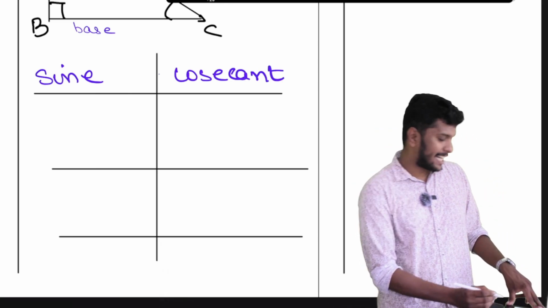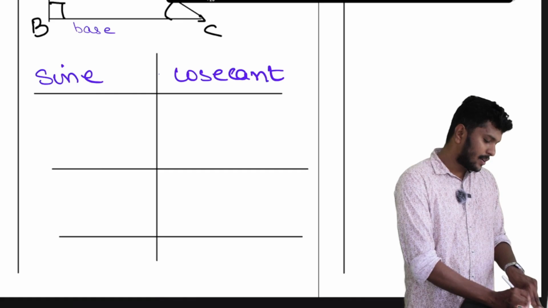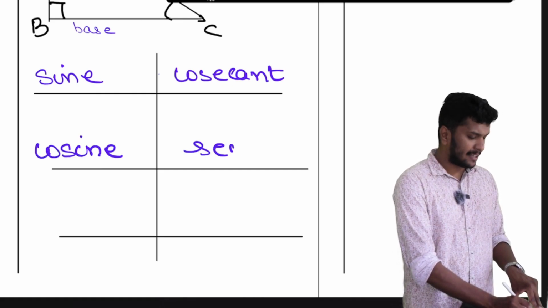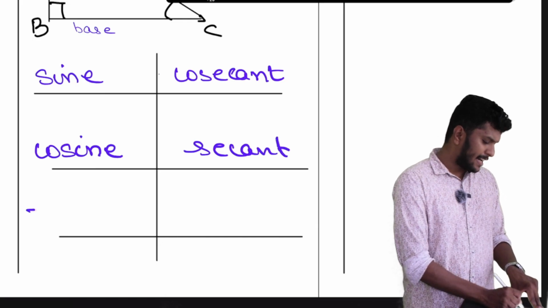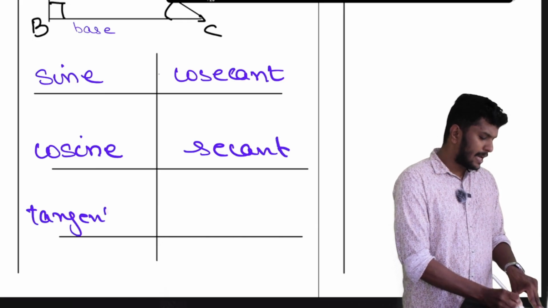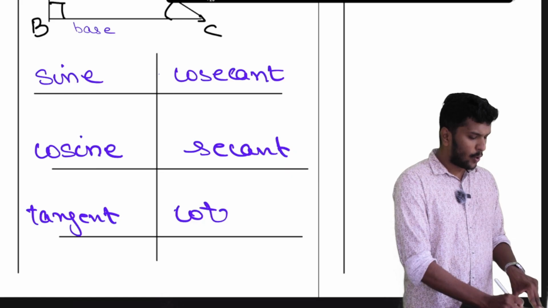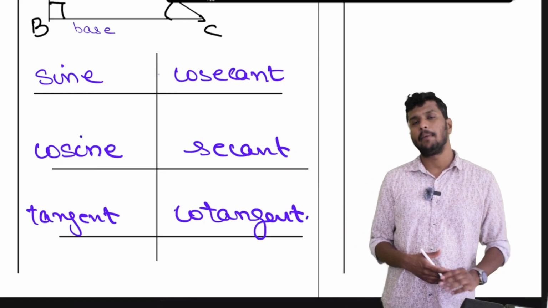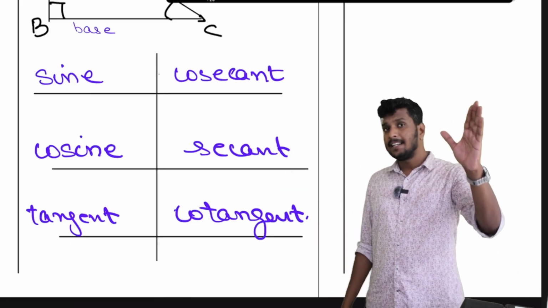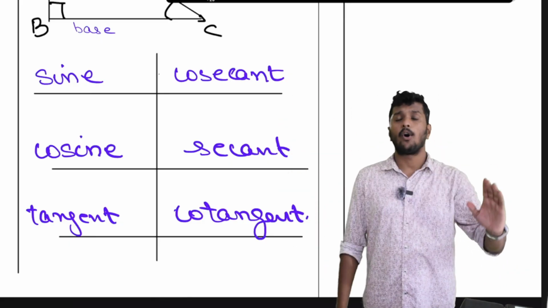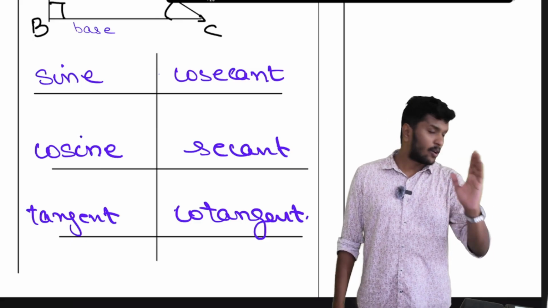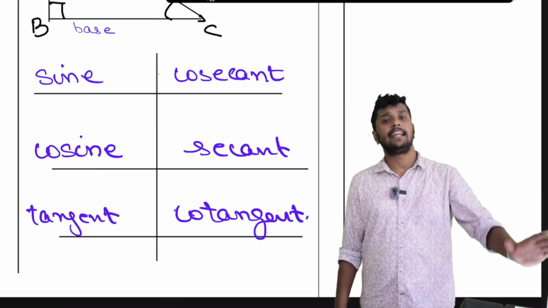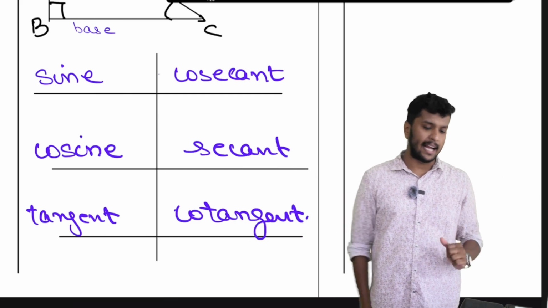Then we have cosine, its reciprocal is secant. Then we have tangent and its reciprocal is cotangent. So these are the 6 trigonometric ratios: sine, reciprocal cosecant; cosine, reciprocal secant; tangent, reciprocal cotangent.